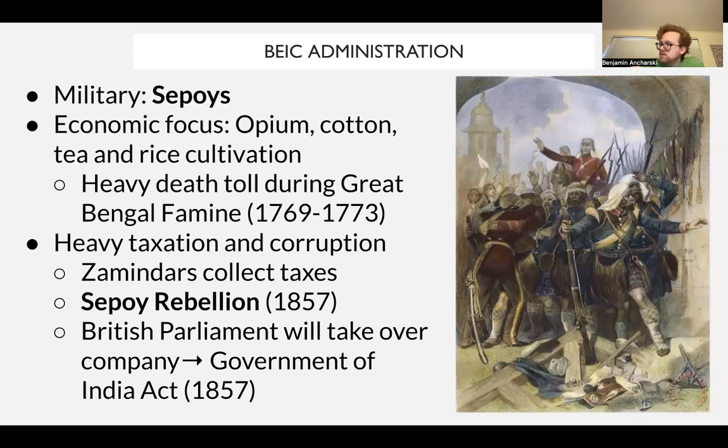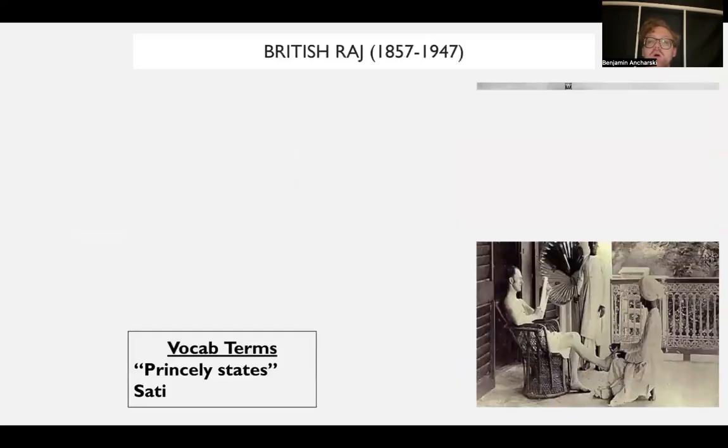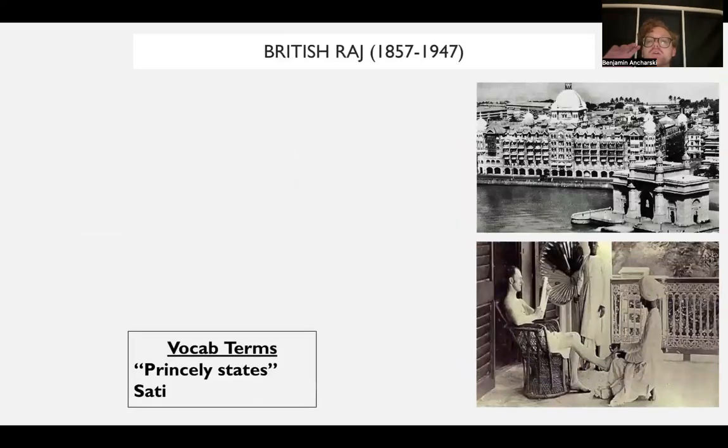And that indeed is what's going to happen in the Government of India Act of 1857, the same year as the Sepoy Rebellion. Under this Government Act, we are going to see a transition of what body rules over India. And that is going to introduce us to our next period of Indian history called the British Raj.